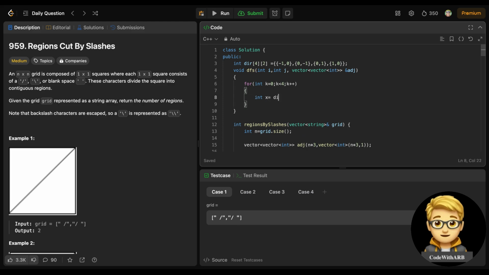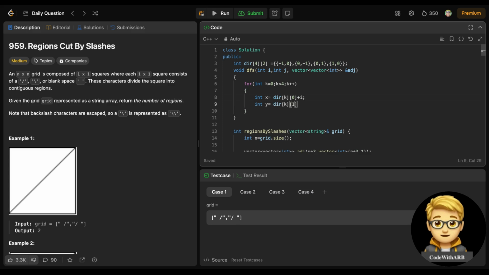So new x will be direction k0 plus i, new y will be direction k1 plus j. Now this needs to be checked for whether it is in bounds or out of bounds, right? The size would be the adjacency list's size. So x and y should be inside the size, and should not be less than 0.